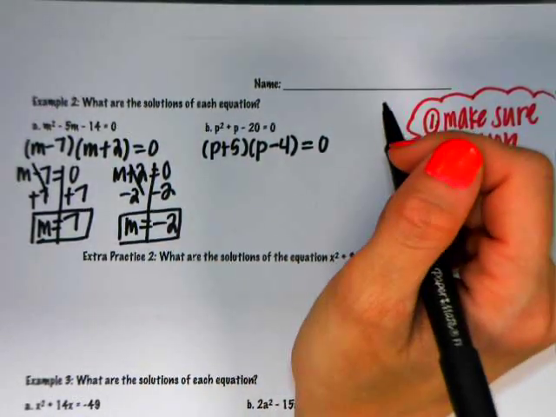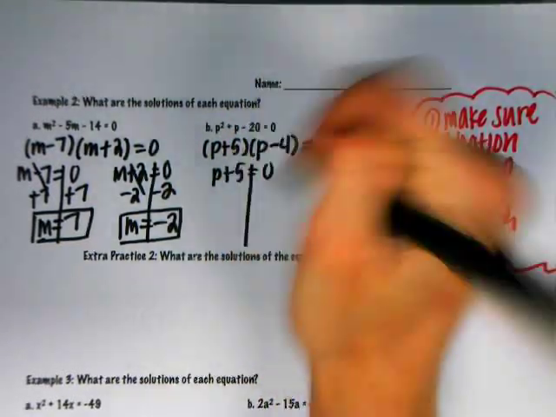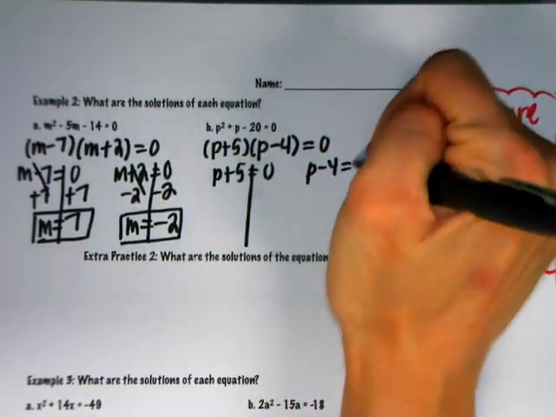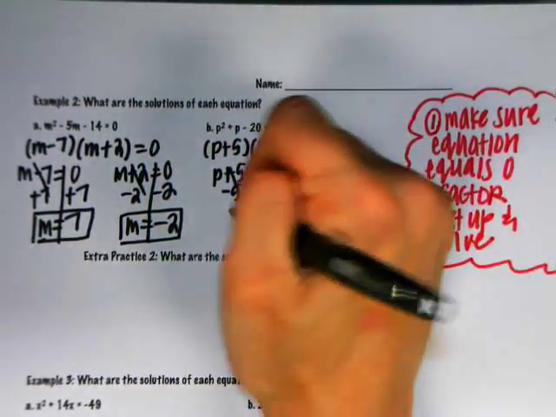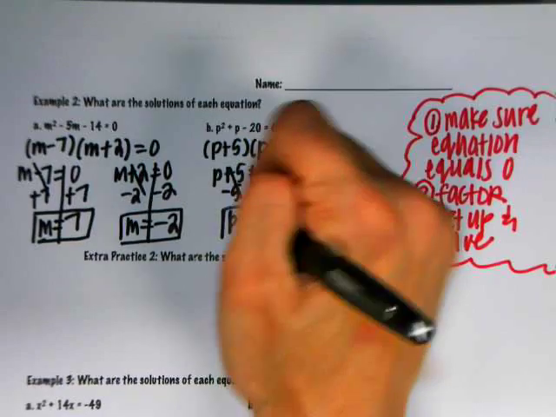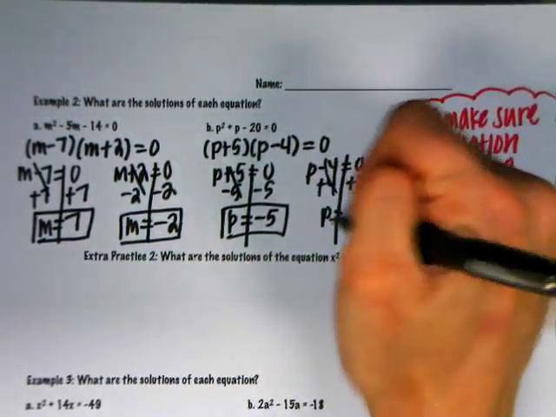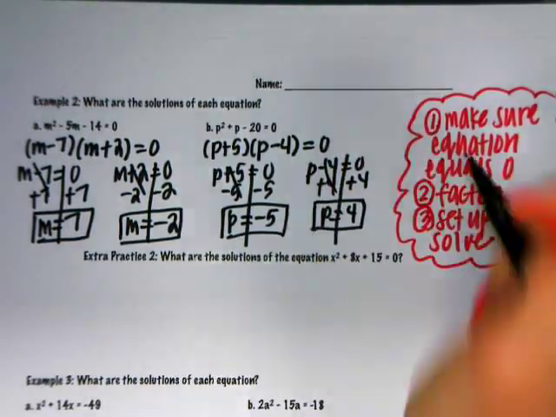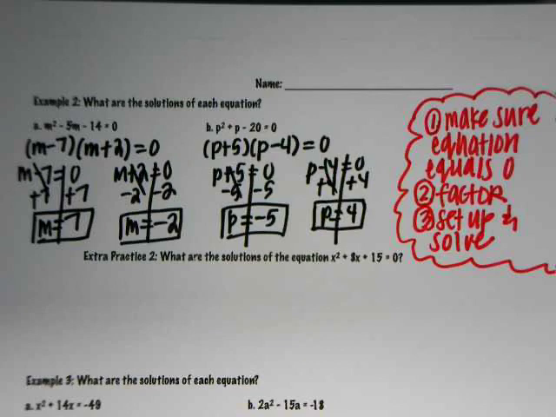Positive 1, yeah. So we'll do p plus 5 equals 0, p minus 4 equals 0. So for your two answers, you should get negative 5 and positive 4. Make sense? Yeah? Okay, go ahead and do this one.